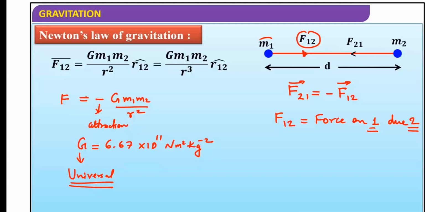M1 will be attracted by M2 towards its side. In the same way, if we need the force on M2 due to M1, M2 will be attracted by M1 towards its side. So the direction of force will be from M2 to M1. I hope the direction is clear to everyone. How to take direction?